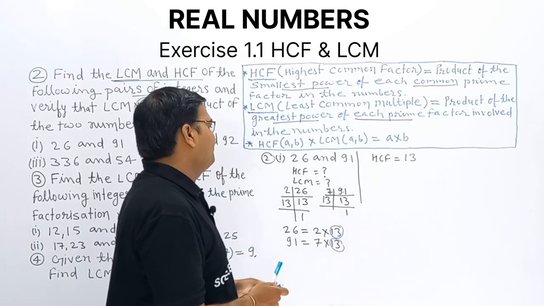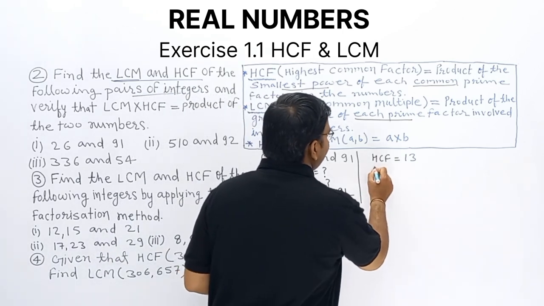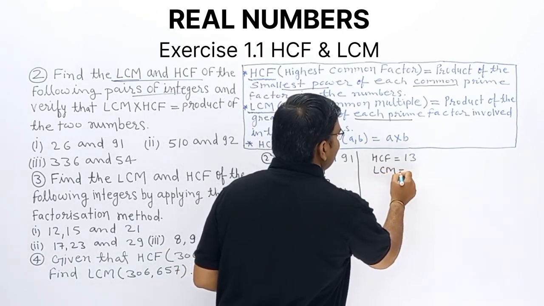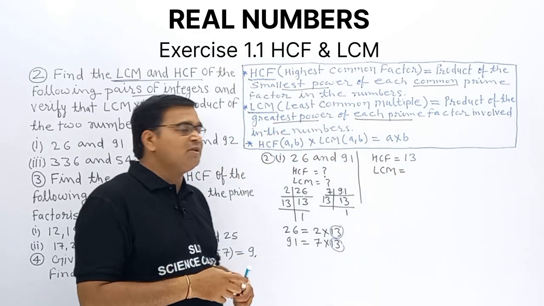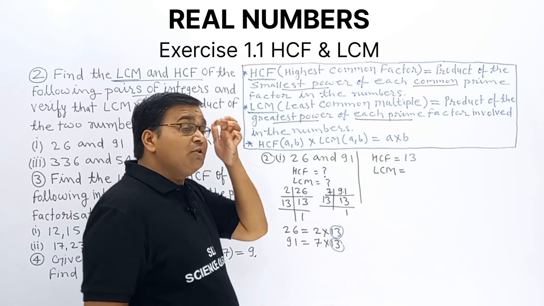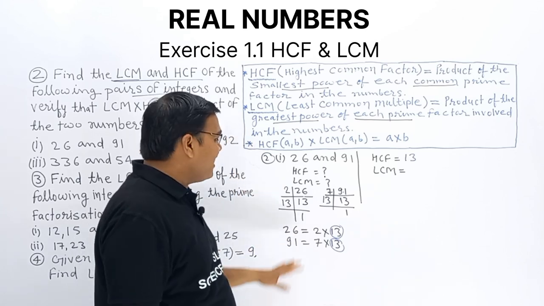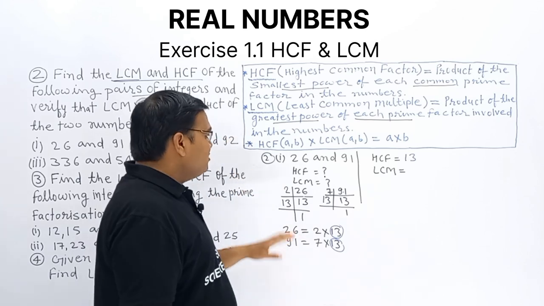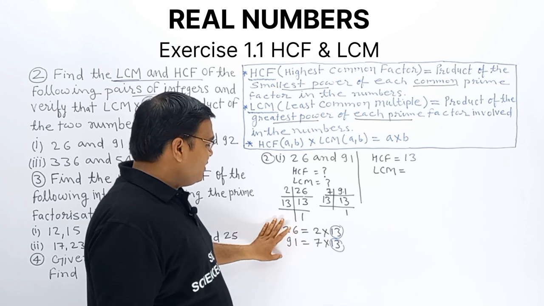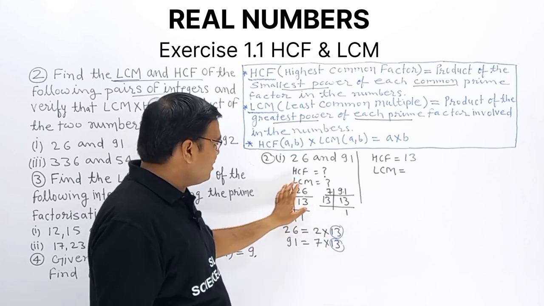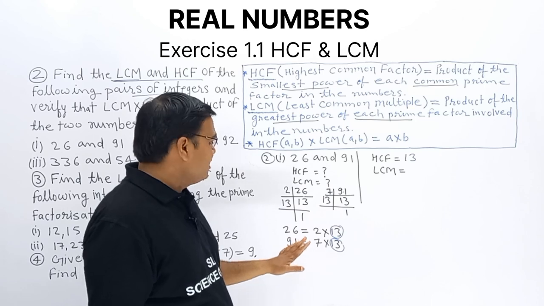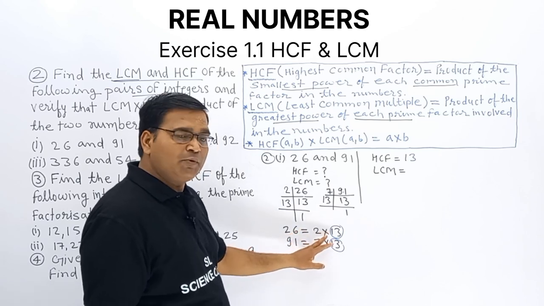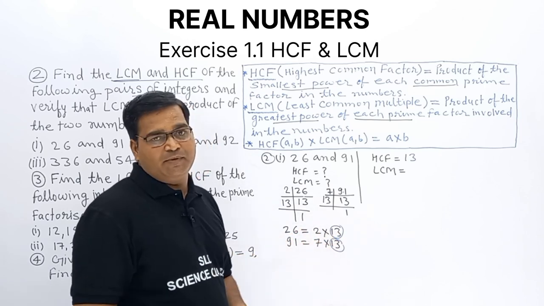Now the LCM. How will we find the LCM? We have the long division method, but by using prime factorization, how will we find it? I am showing it here. In this method, we have the factors. We completed the prime factors using the prime long division method. We have the factors of 26 and 91.